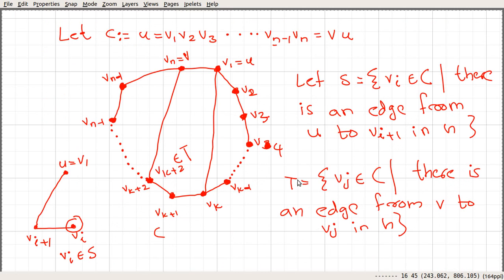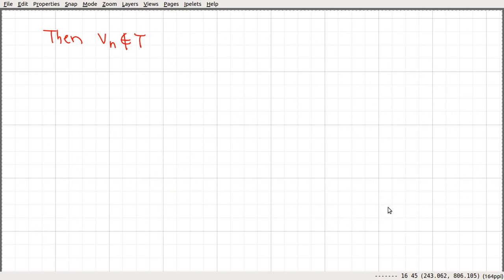Because by definition, if Vn belongs to T, it means that there is an edge from V, which happens to be Vn, to Vn. So we will have a loop in our original graph G. We assume that G is a simple graph, so that is not possible. And that says Vn doesn't belong to T.